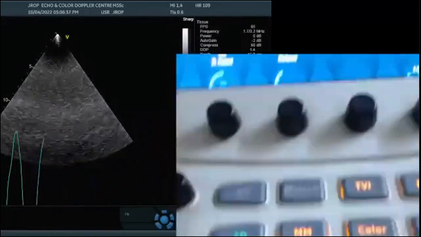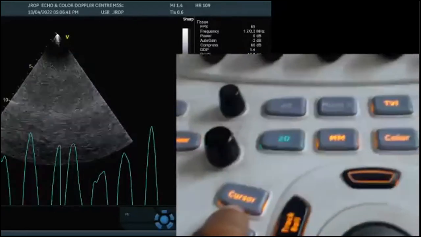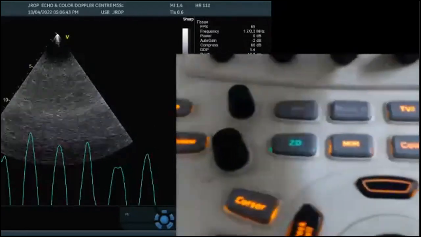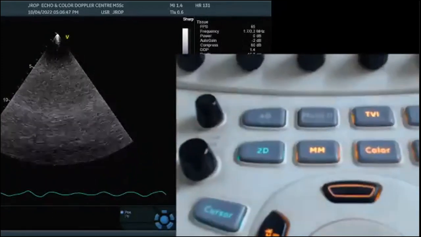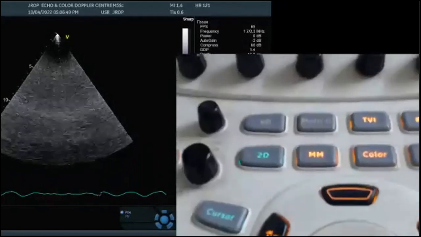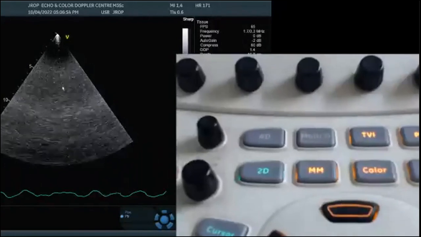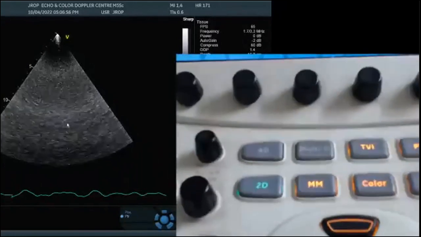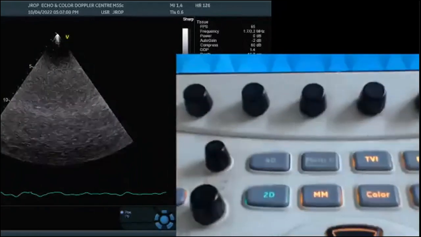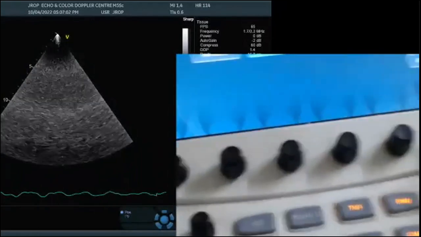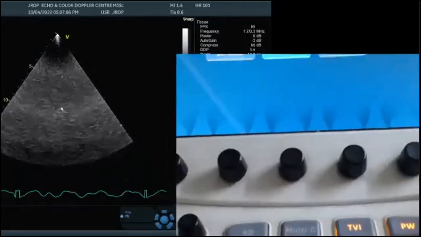Then if you go back to the system again, there's a word written over here, cursor. What do you mean by cursor? If I press my button cursor, the line drops in the center of the screen. Look, there's a line in the center of the screen over here. This is a line which helps you in interrogating some subject. And on this line, this is a sample volume.